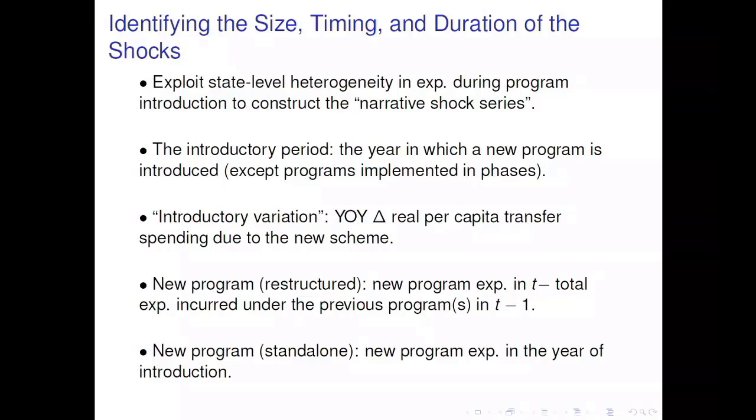It's just that some states are better suited, better geared to implement these programs when they're first implemented, while others are not so much. It can be highly idiosyncratic. That's the key point that has come out of this literature again and again. It can be the civil servant at a particular district who's more motivated to implement this program, and after a few years, he'll move to some other district in some other state. So these things can be highly idiosyncratic, which is what we use.